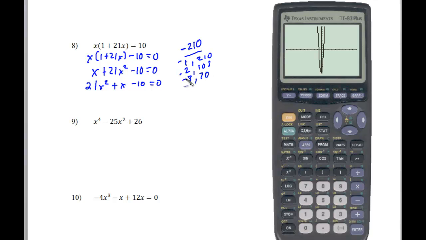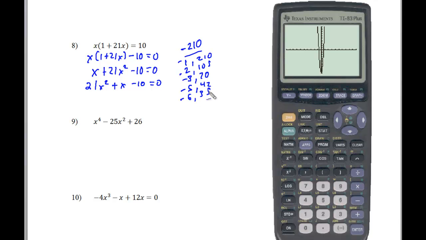And again, dividing by 4 gives me a decimal. 210 divided by 5 gives me 42. So at least we're moving closer together pretty quickly here. So dividing by negative 5 gives me 42. And then 210 divided by 6 is 35. We're getting closer, folks. Negative 6 and 35.